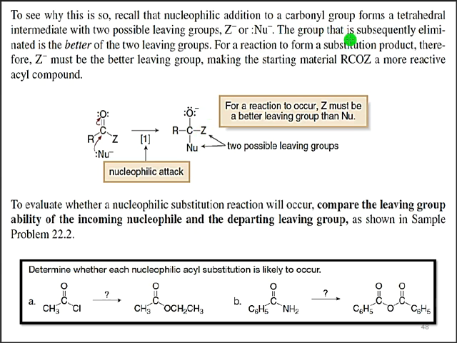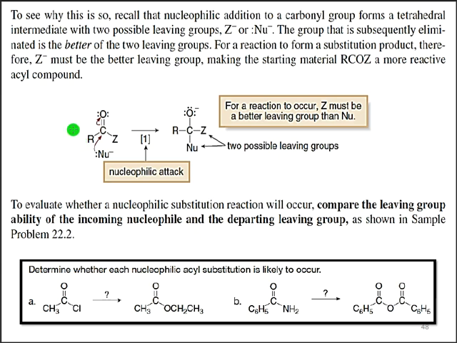The group that is subsequently eliminated is the better of the two leaving groups. That means if the product removes this leaving group, it will be better than this. For this reason, your starting material will be more reactive. Okay, for a reaction to form a substitution product, therefore, Z- must be the better leaving group, making the starting material the more reactive acyl compound.